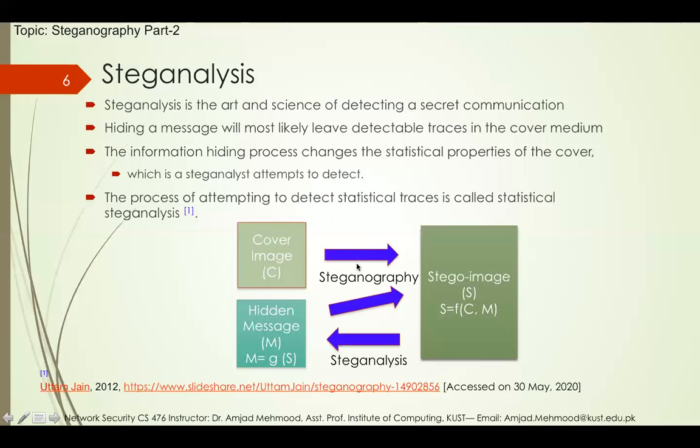So what steganography does is convert your message into a stego image, and this stego image is sent with the key, and then extraction is performed to get the information. But if you have this stego image and you don't have any key, steganalysis tries to get that algorithm or mechanism to get your information.